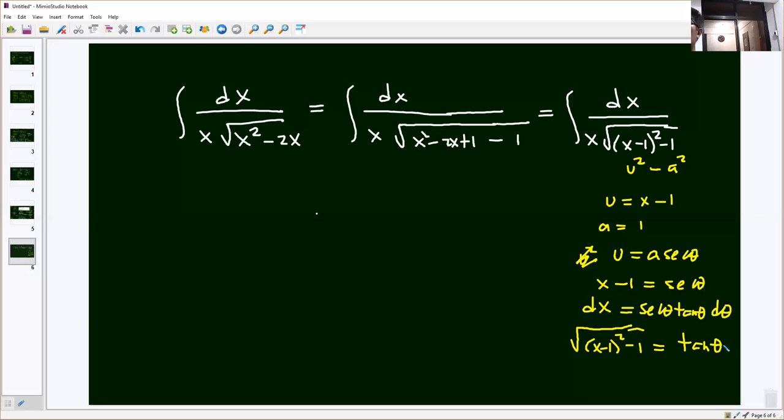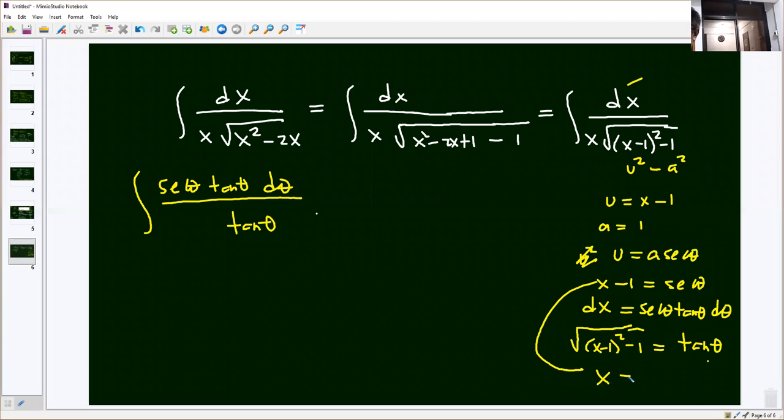Now, our integral now is being transformed to, yung dx natin would have to be sec tan d theta. Lagay ko na sa taas yung d theta. Our denominator with the square root, that the factor with the square root is simply tangent. And ano yung x? Siyempre, dito rin kukunin yun. X is 1 plus sec.